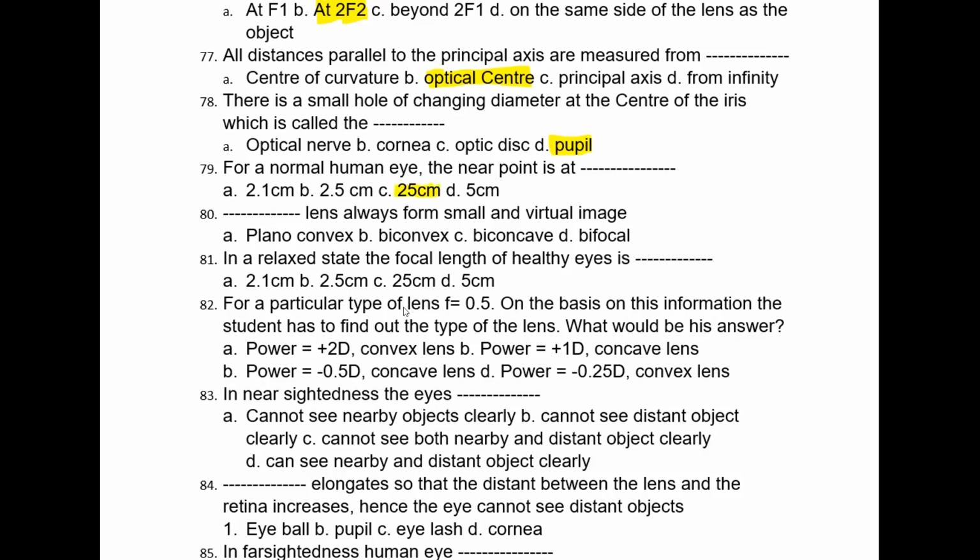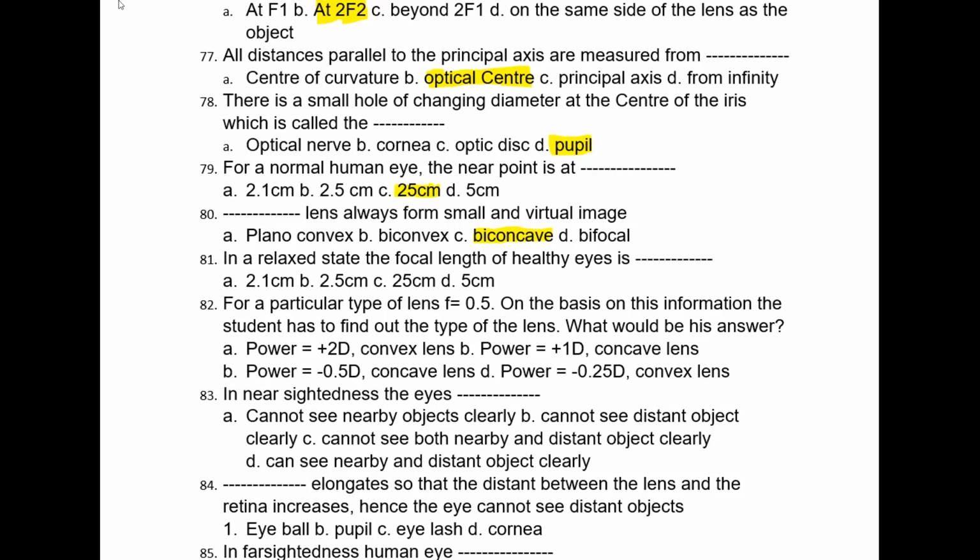Dash lens always forms a small and virtual image. We know that a concave lens will form a small and virtual image. Planoconvex, biconvex, biconcave, bifocal. Concave lens is also known as biconcave lens. So option C is the correct answer. In a relaxed state, the focal length of a healthy eye is dash. 2.1 centimeter, 2.5 centimeter, 25 centimeter, and 5 centimeter.